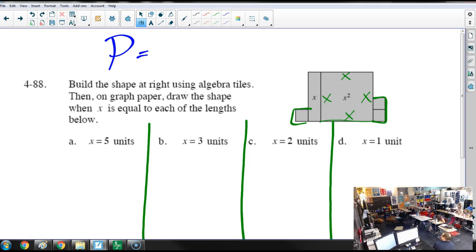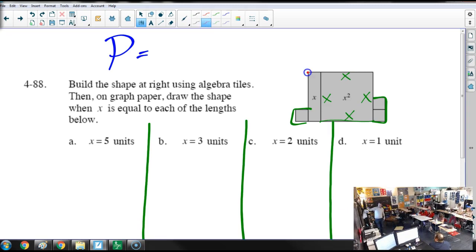That left side, just above that one tile, the whole vertical would be x. But if we take away that one tile, x minus 1. Not the same thing, because remember, subtraction can't be flipped around.